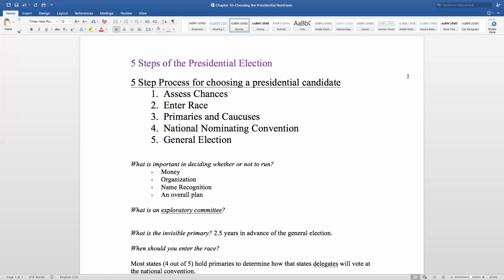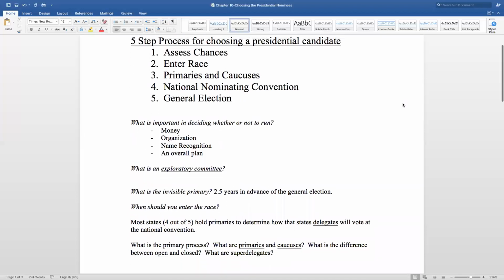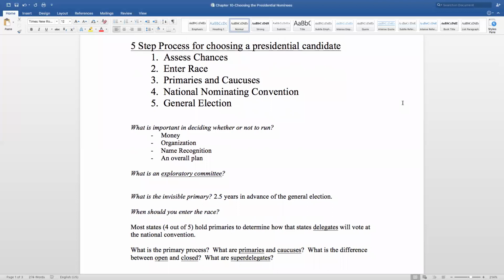So in this first step, and I'll work down through these notes in discussing this, you need to decide what's important. We're over $1 billion spent in presidential elections now, so that's quite a bit of money. So on each side, you'll have upwards of $1 billion spent to try to win that general election.